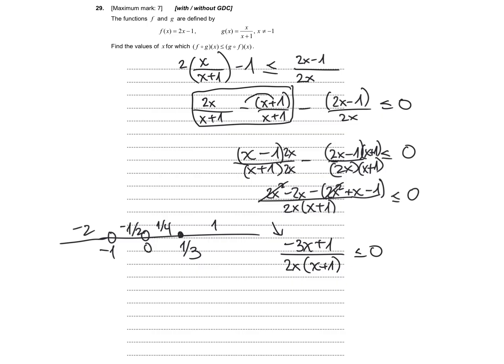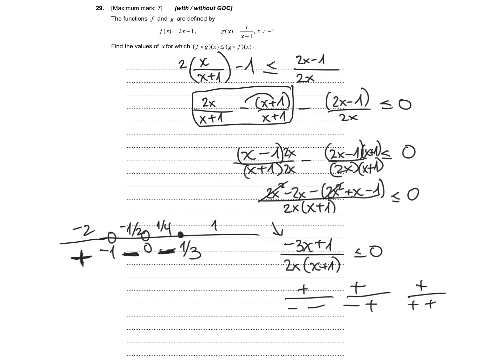So -2 is going to be a positive over a negative times a negative. So this is positive. -1/2 is going to be a positive over a negative and a positive. So this is negative. 1/4 is going to be a positive over a positive times a positive.